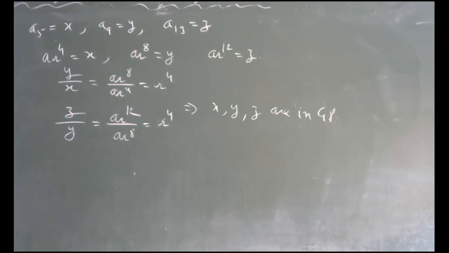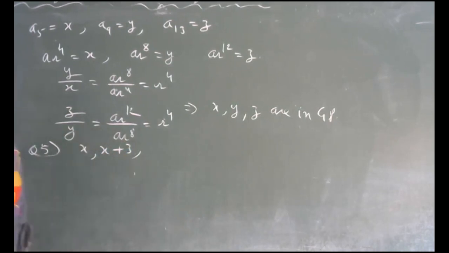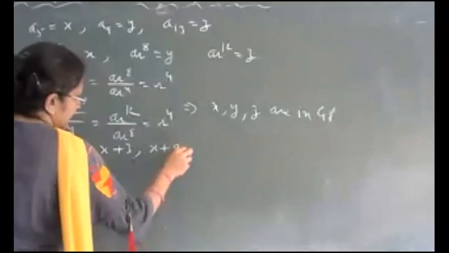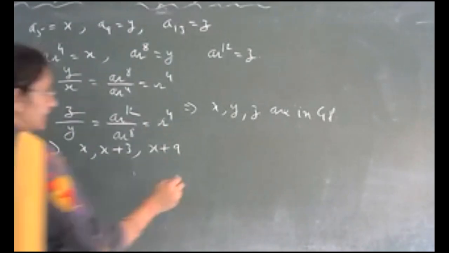Next is, if X, X plus 3 and X plus 9 are the first three terms of a GP. Question number 5. X, X plus 3, X plus 9. These are the first three terms of a GP.